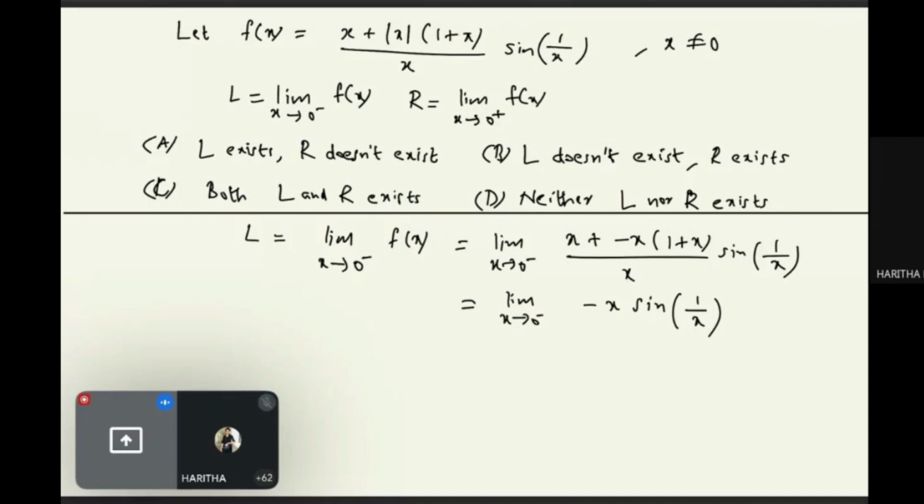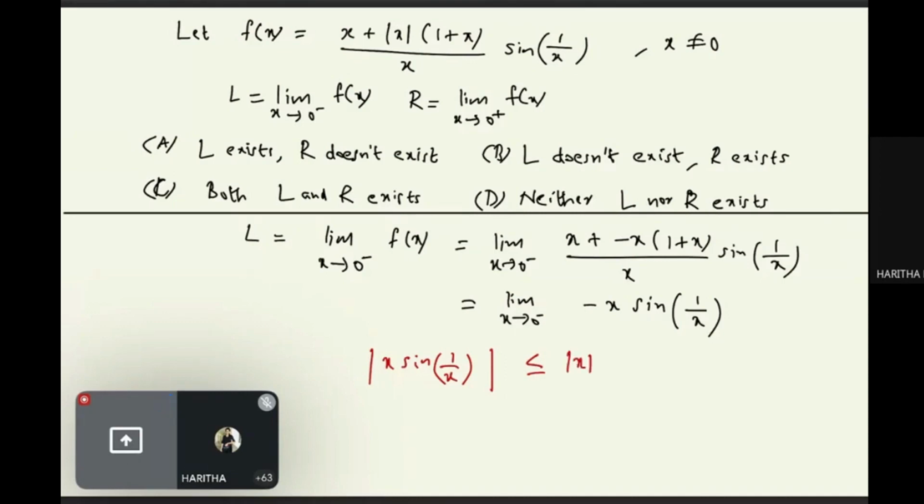Yeah, you can use the squeeze theorem, or maybe I will write another way. We want this quantity x sine 1 by x. If you take the modulus of this, you can see that this is less than or equal to mod x times, sine is bounded by 1.